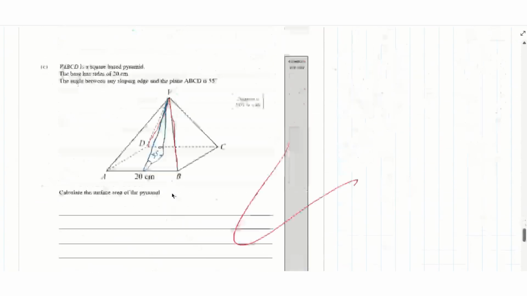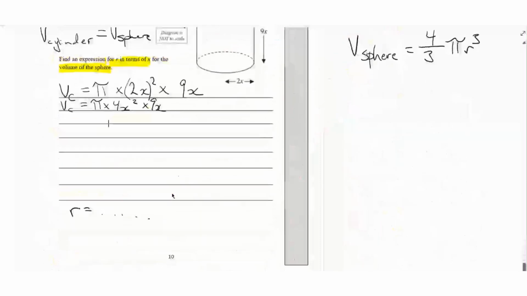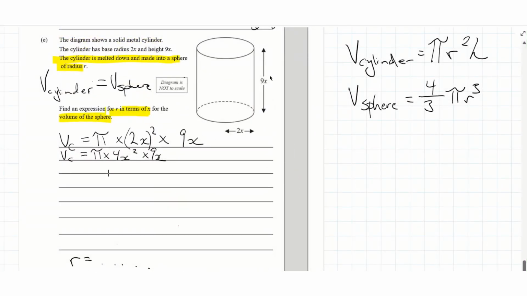So I'm going to do the same thing again down here. We're going to keep the pi value separate. So I'm going to say the volume of the cylinder is equal to pi times 4 times 9 is 36. And then x squared times x is x cubed.